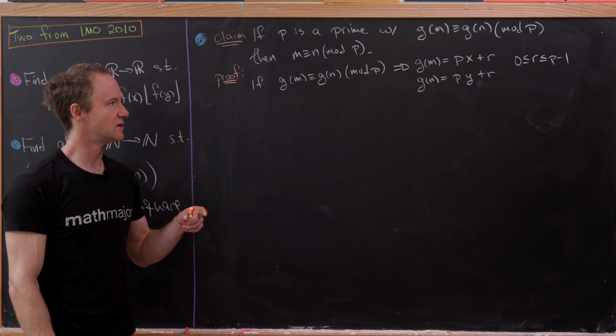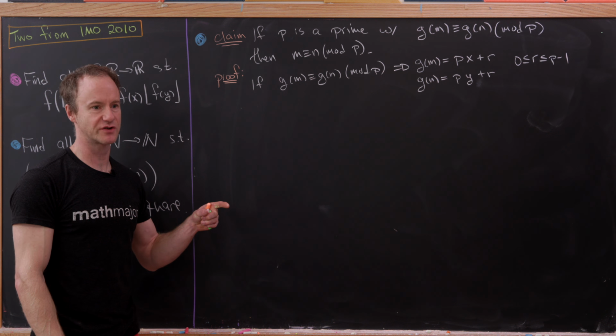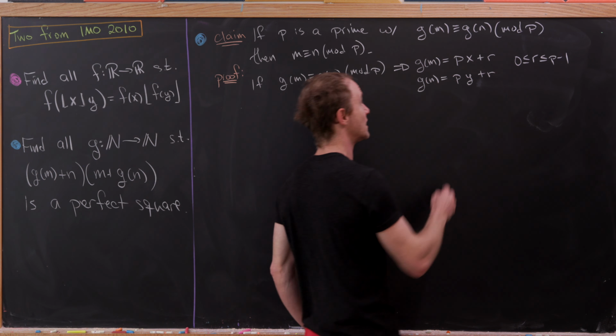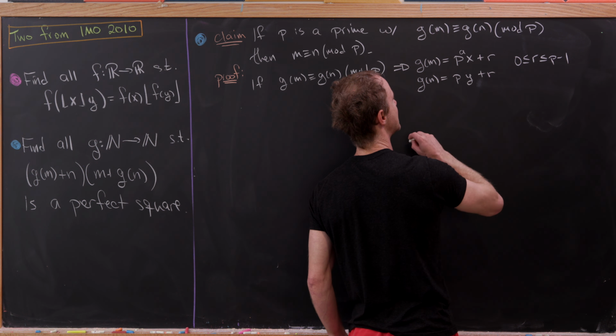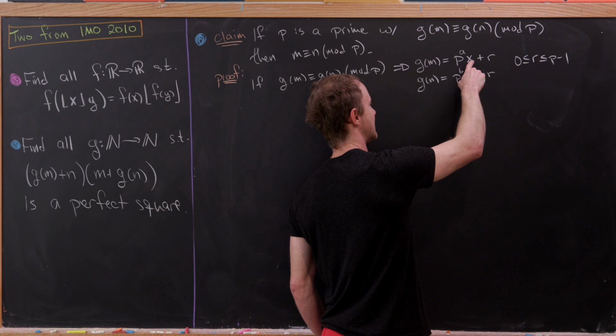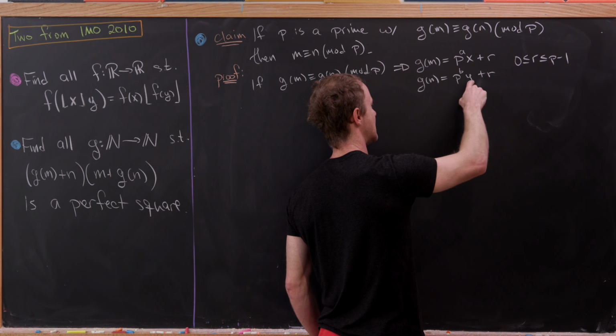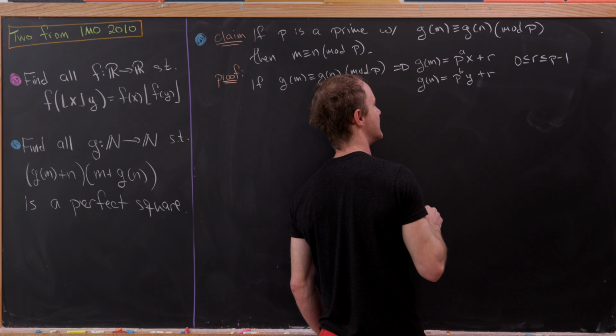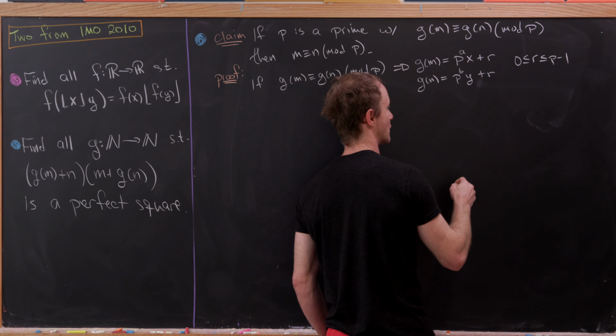We might as well factor as many p's out of x and y as we can. So let's do that. We can call this p to the a power, and we'll call this p to the b power. And we'll say that x is not divisible by p and y is also not divisible by p. So we factored all of the p out of x and y.